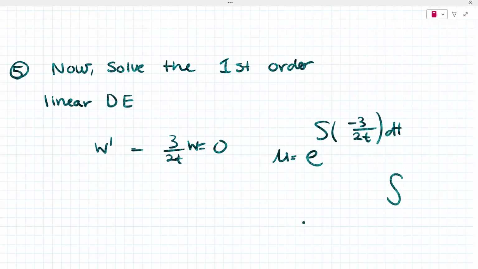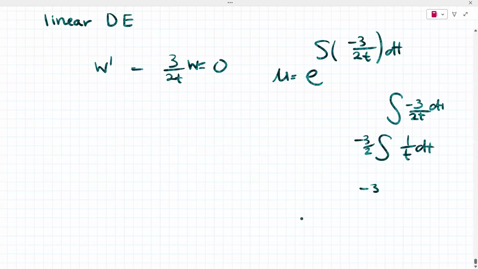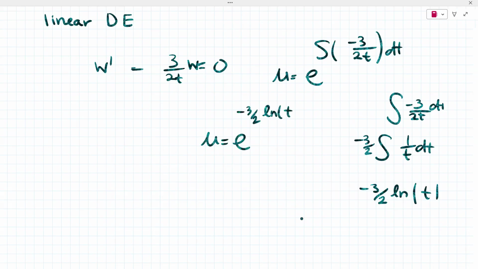And what is the integration of -3 over 2t? So this -3/2 is a constant. That is going to be -3/2 ln of absolute value t. So your mu is going to be e to the -3/2 ln t.